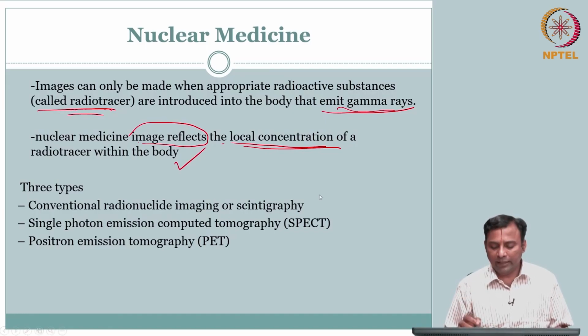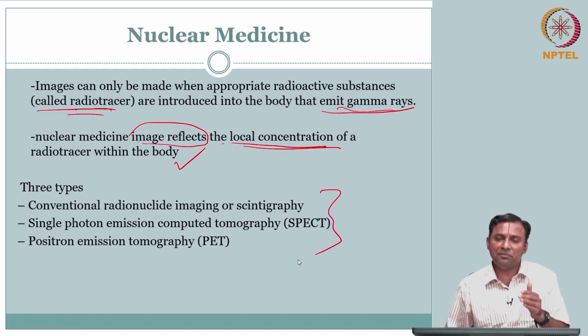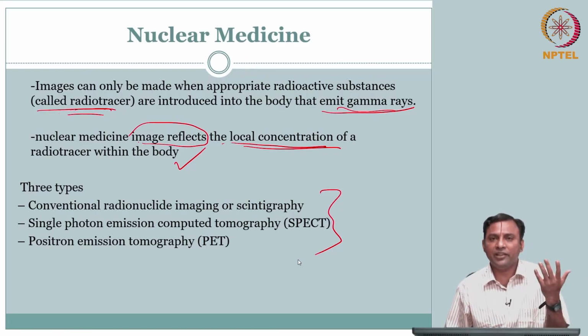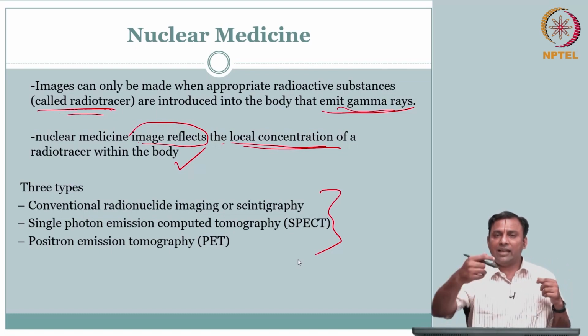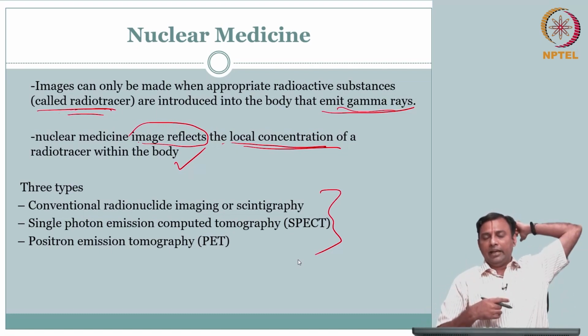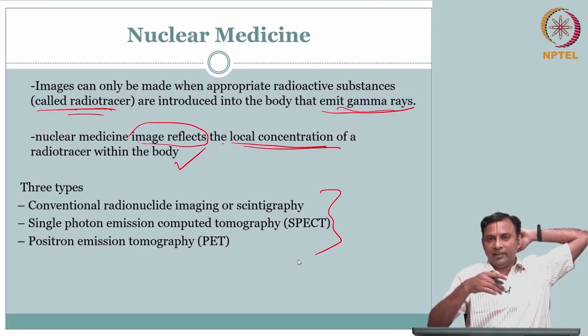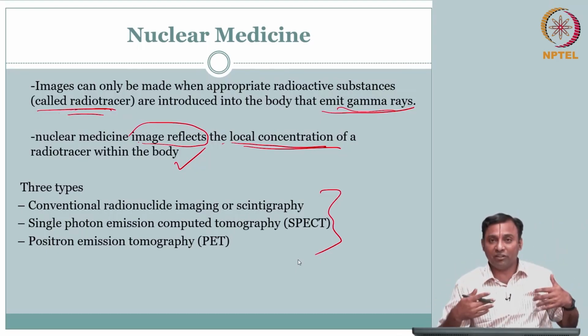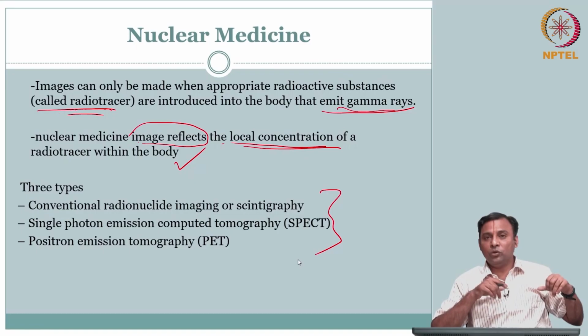So there are 3 different ways, which is again in some sense straightforward if we understand. If we can do the same thing with the X-ray, right? This is just a higher energy. The only thing is, in X-ray I send from outside, I get it from the other side, and in chest X-ray, projection radiography, I lose the depth information, right?